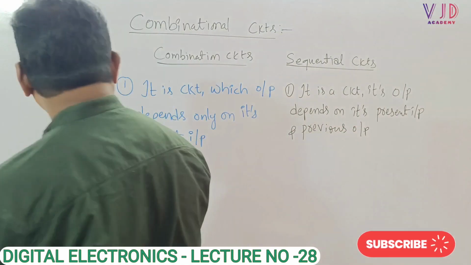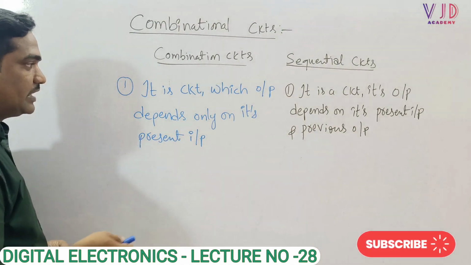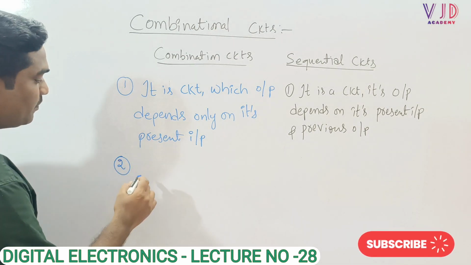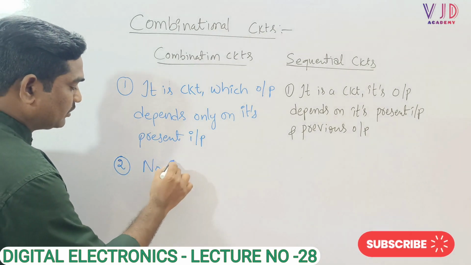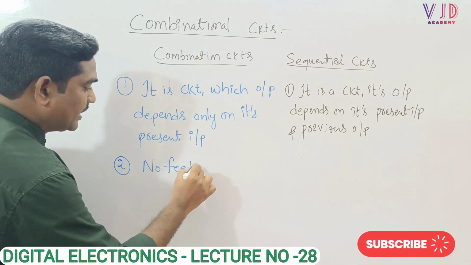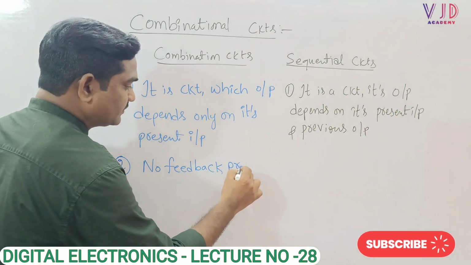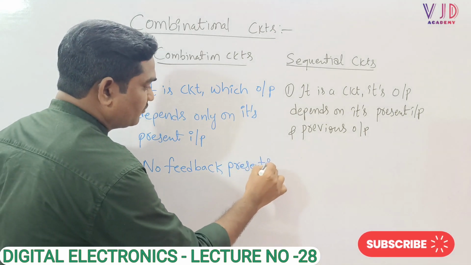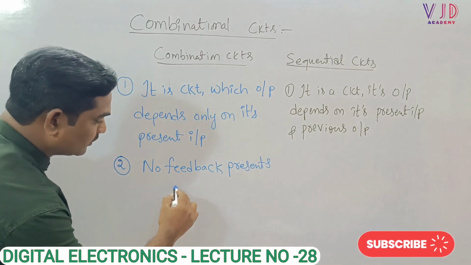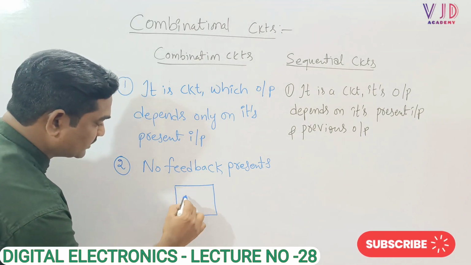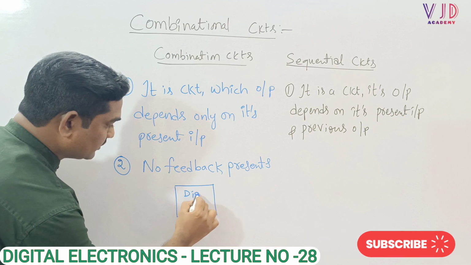Now the second point of combinational circuits is no feedback presence. If you look at the equation or digital circuit, suppose this is the digital circuit.